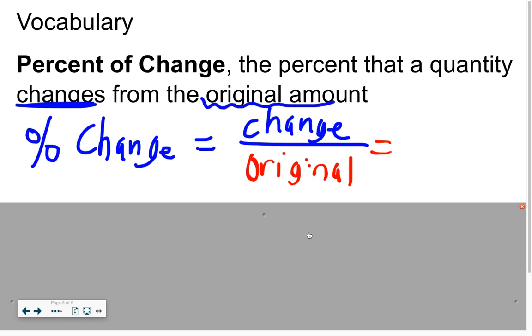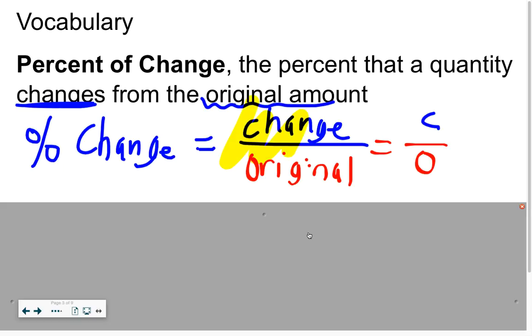Later on, when you get going, you can abbreviate it as C over O. But right now, I want you to write change over the original, because if we just write C and O, sometimes we'll remember what the C and the O is, but we don't remember what they stand for, so we can't remember how to solve it. We just know we need a C and an O. So write down change over original.